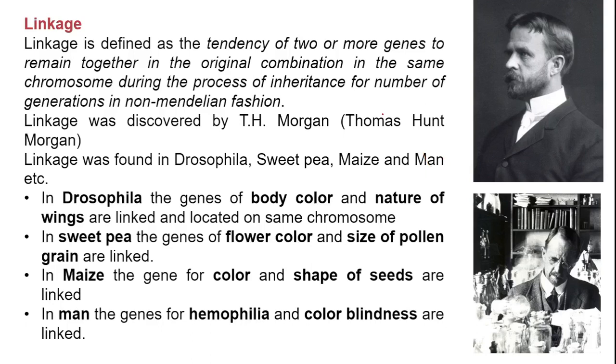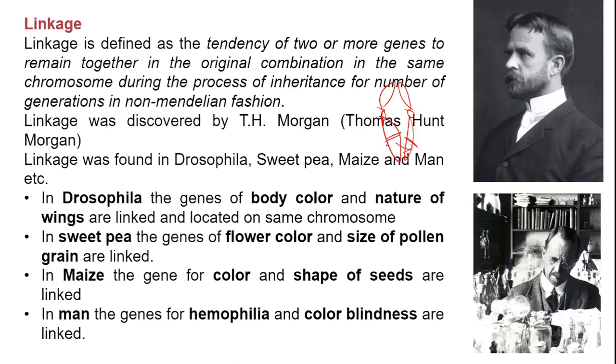In crossing over, recombination definitely occurs, where exchange of chromosome parts takes place between non-sister chromatids of the homologous pair.